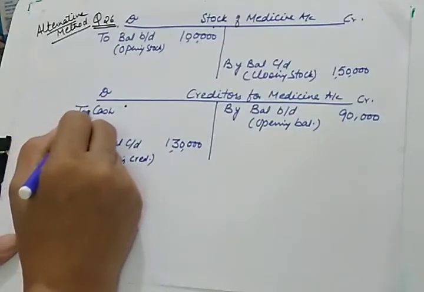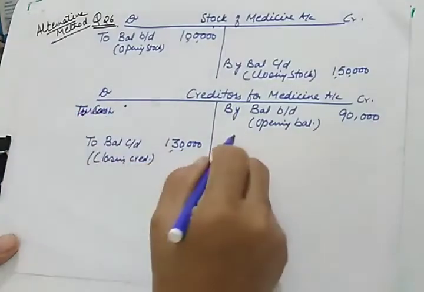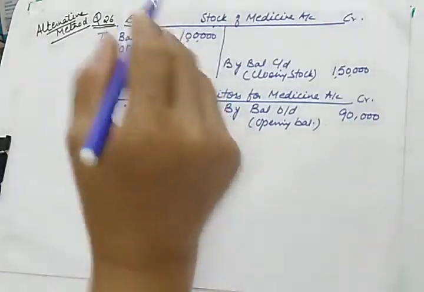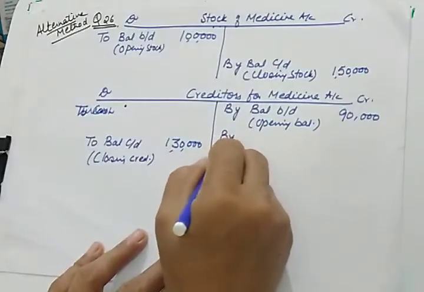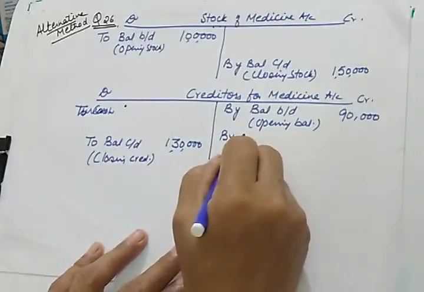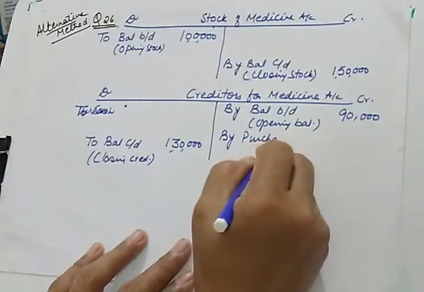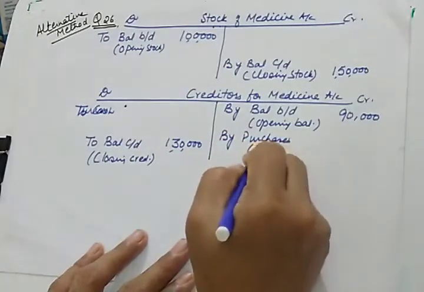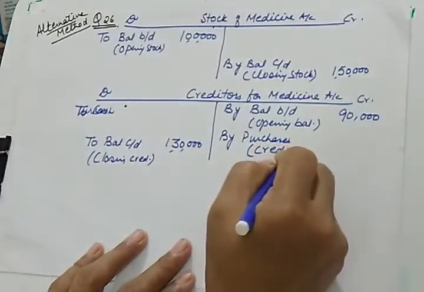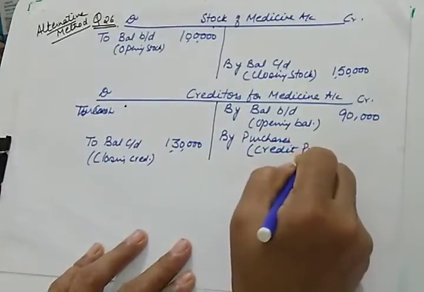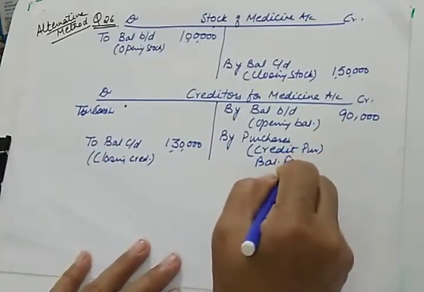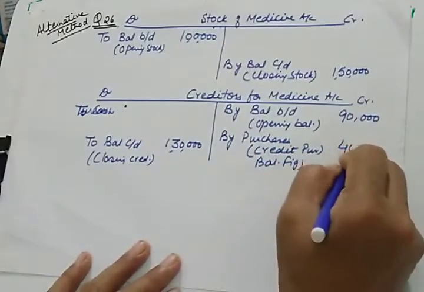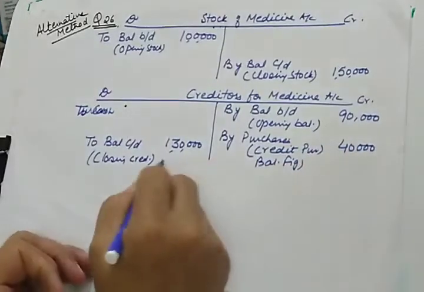And payment made during the year. Not the payment made, we just wait. It is cash purchases that are given to us. So cash purchases means we can directly write cash purchase here. So the balancing figure here will be the credit purchase. By purchases, it is credit purchase balancing figure. So your balancing figure will be 40,000.